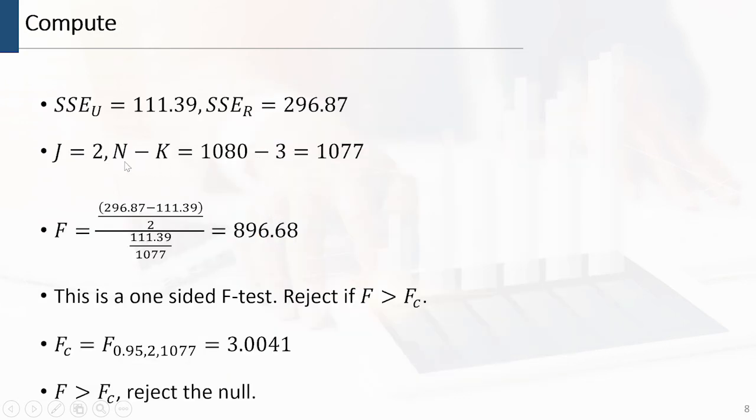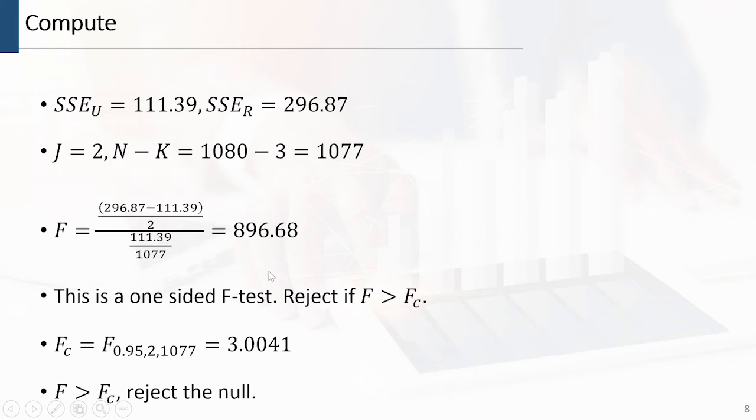So the bigger degree of freedom, N minus K, should be 1077. If we plug all those values into the equation, you will see that the F statistic is equal to 800 something, which is a quite big value. And the next step is just to compare this F statistic to the critical F statistic.